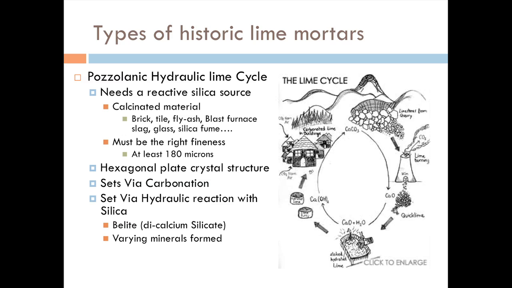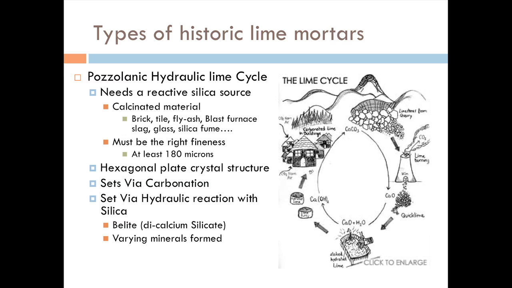Then you get into something a little bit more unique. It's called pozzolanic hydraulic lime. And that's where, like before we talked about that you were adding this reactive silica inside that limestone to begin with. But afterwards, what the Romans had figured out is that after burning, they could add all different types of things, whether it be brick, tile, fly ash, blast furnace slag, all these things that are byproducts from different industries that have silica bound into them.